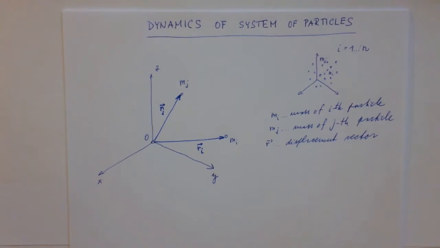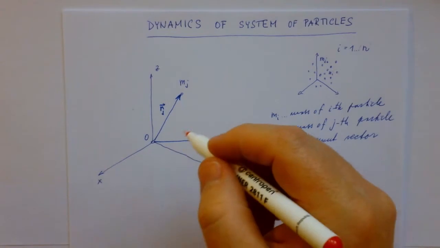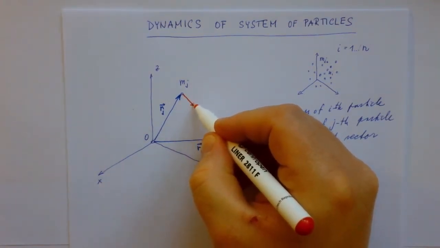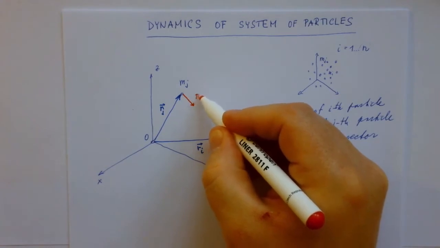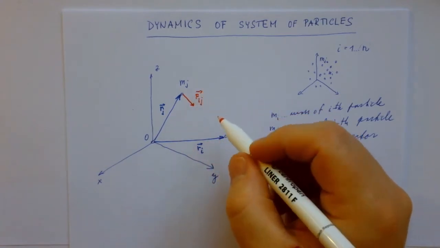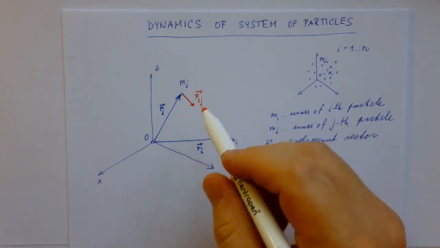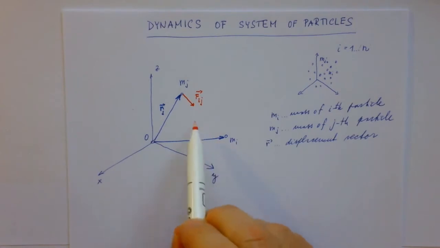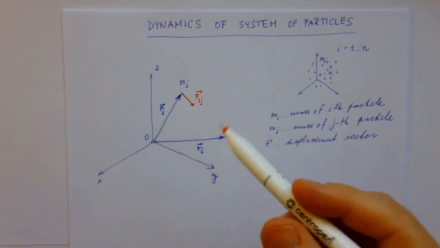And as I have already said, these particles are interacting between each other. So we can find, for example, there is a force Fij, and this is a force from particle mi to particle mj.